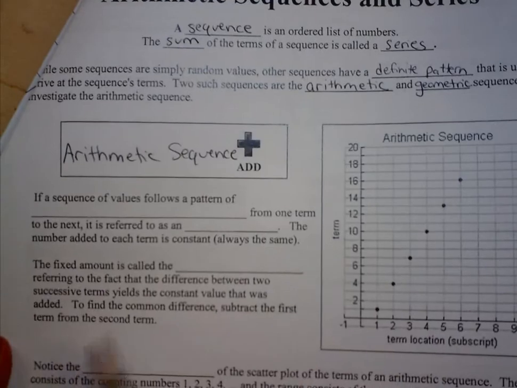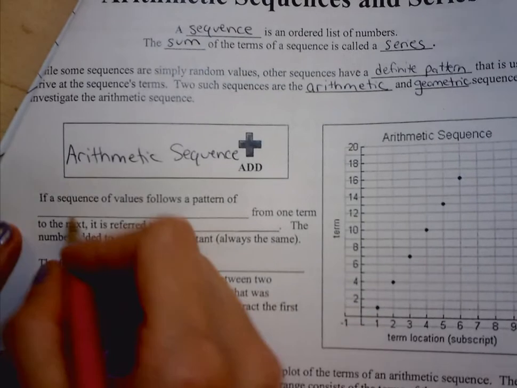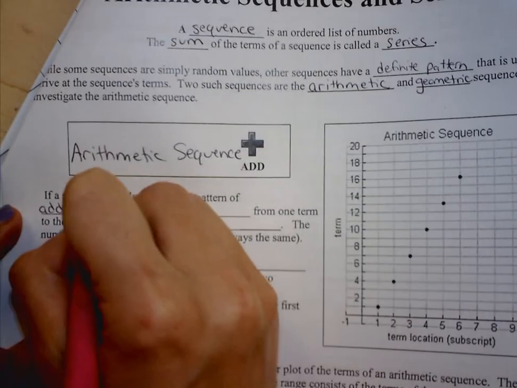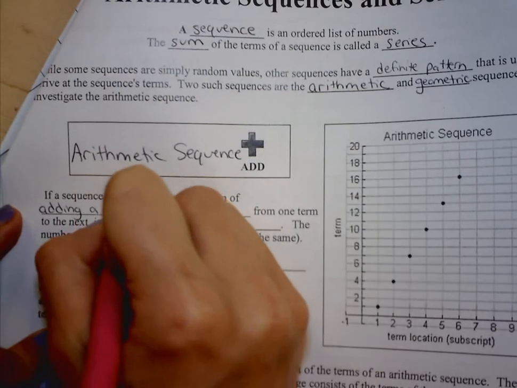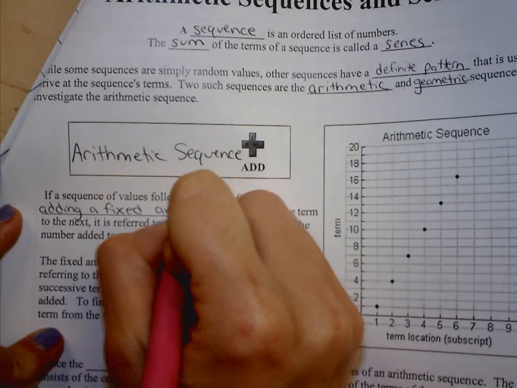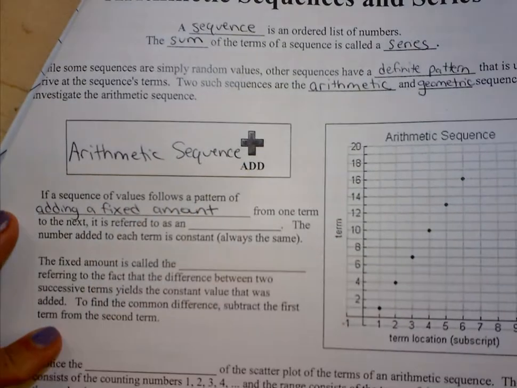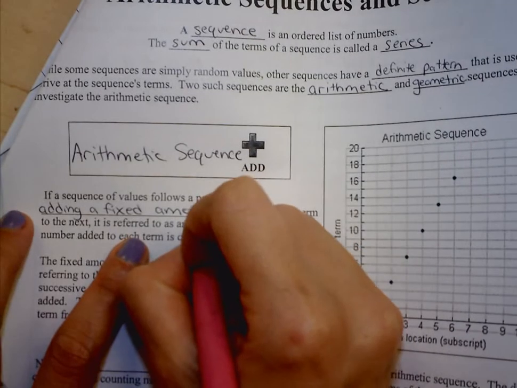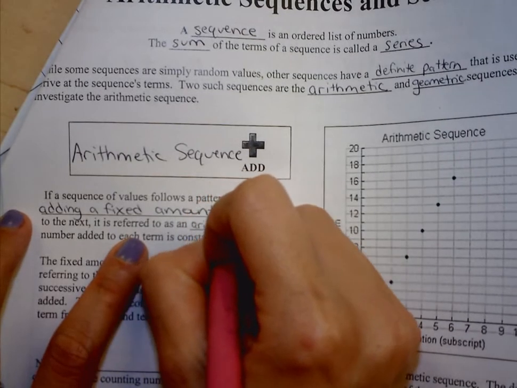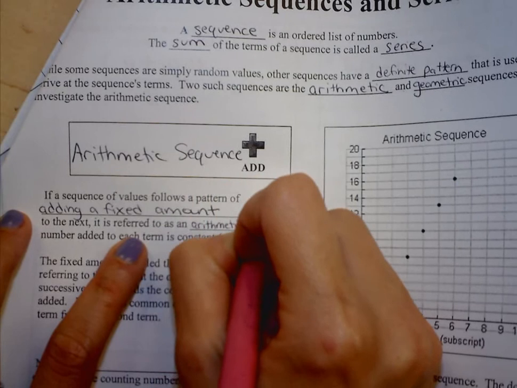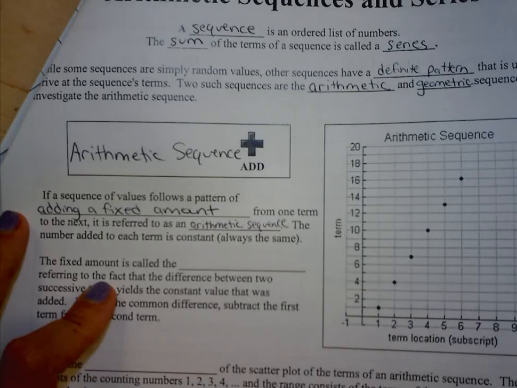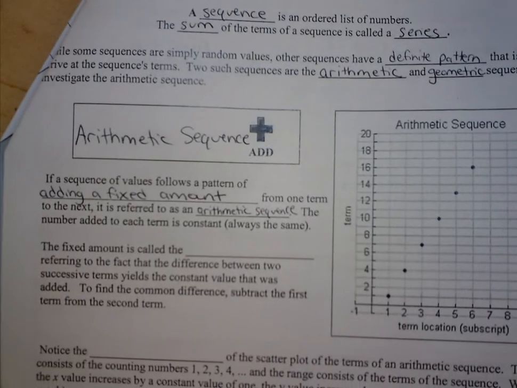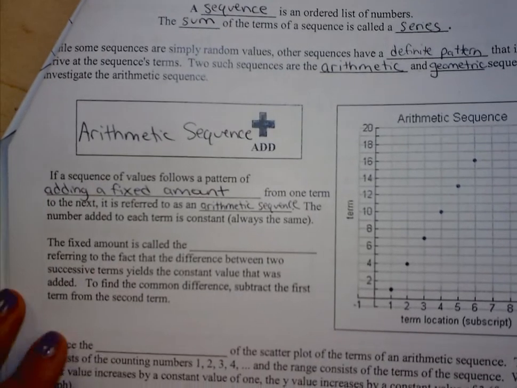So if a sequence of values follows a pattern of adding a fixed amount from one term to the next, it is referred to as an arithmetic sequence. The number added to each term is constant. So the fixed amount is called the common difference.